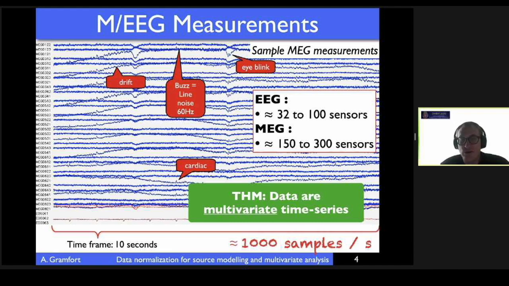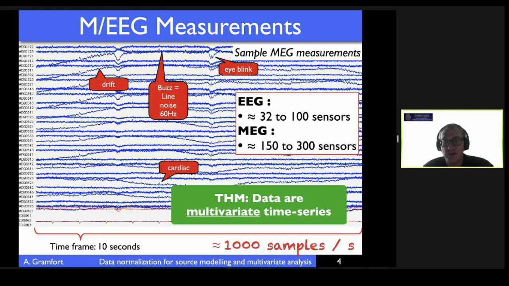In EEG, you go from a few dozen sensors to 100 or even more if you have a high density EEG system these days. In MEG, standard these days would be about 300 sensors. So you really have a lot of simultaneous signals. It's really important to take care of this and to treat these signals globally.